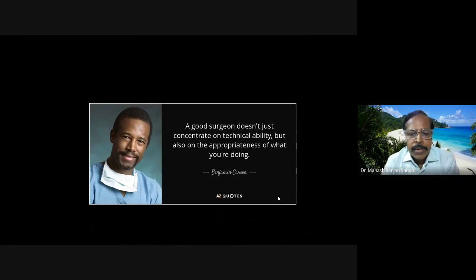So a good surgeon doesn't concentrate on technical ability alone, but also on the appropriateness of what you are doing. That, in fact, is the basic tenet of a good surgeon.